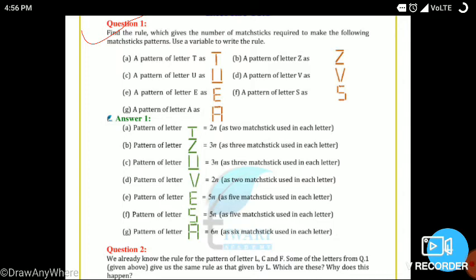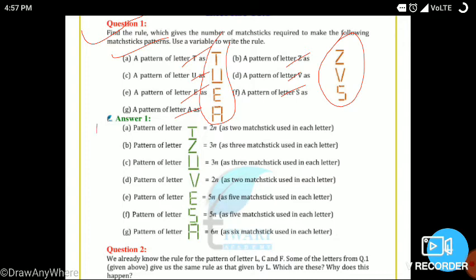patterns. Okay, so see here, some letters are given like T, Z, U, V, E, S, A, right? And here you can see the patterns of these letters, made by matchsticks.